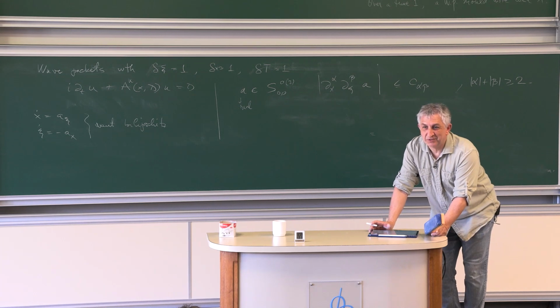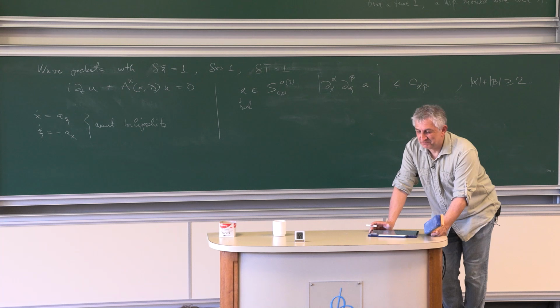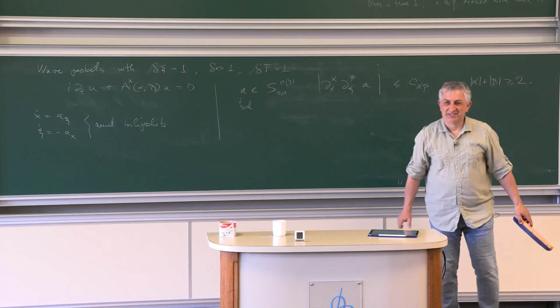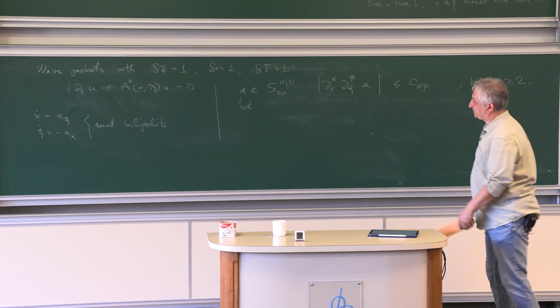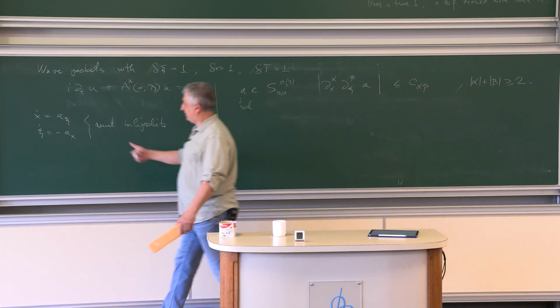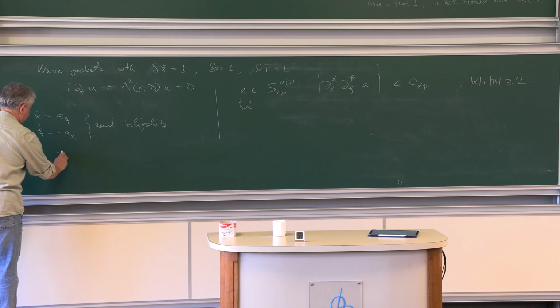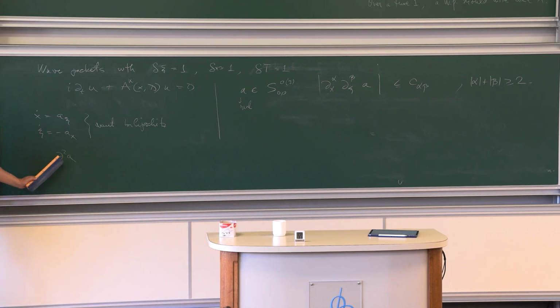And then an observation that we made maybe 2 or 3 years later, which at the time we did because we could, and there was perhaps no absolutely compelling reason to do it, turned out to be life-saving years later. When you look at the linearized flow in here, you look at 2 derivatives of A, and then you have to integrate 2 derivatives of A. Obviously, you can integrate 2 derivatives of A if they're bounded, but there are more functions that can be integrated which are not bounded.